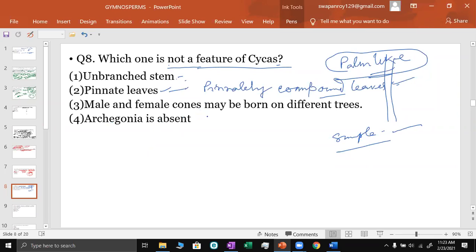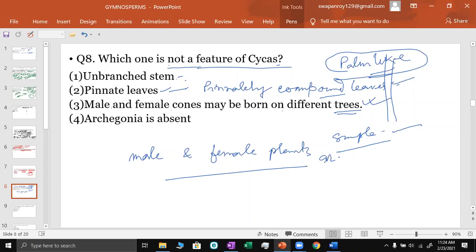Male and female cones may be borne on different trees. This is also correct. Actually, in cycas the male plant and female plant are different.